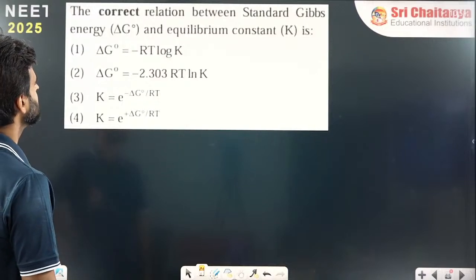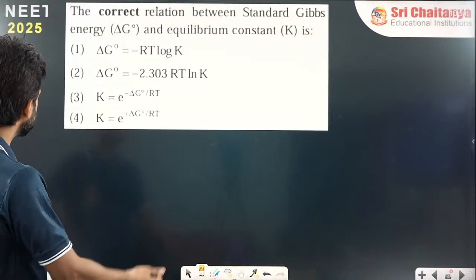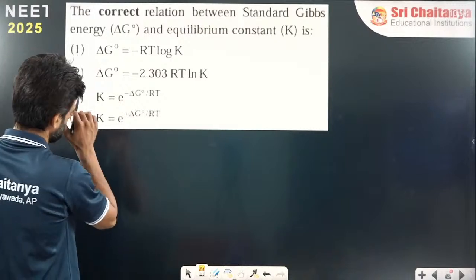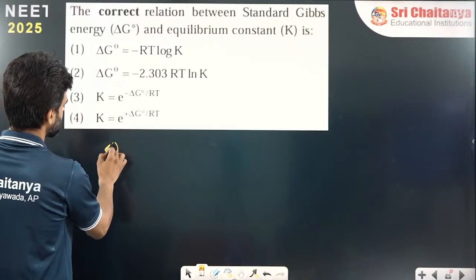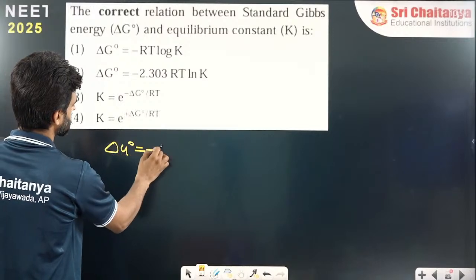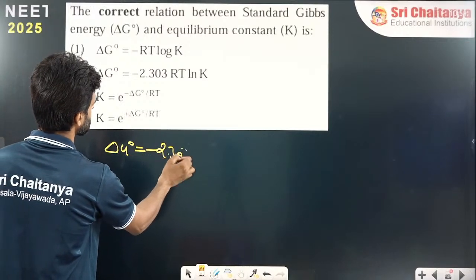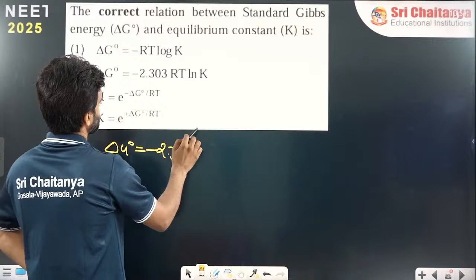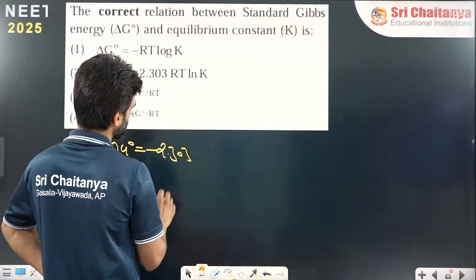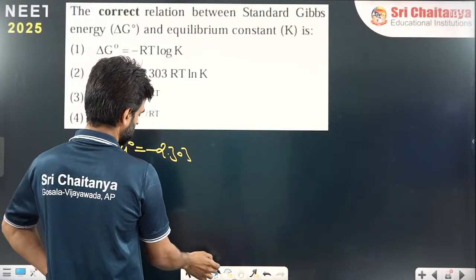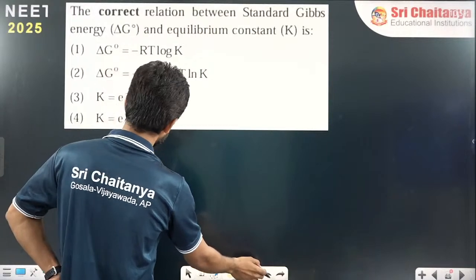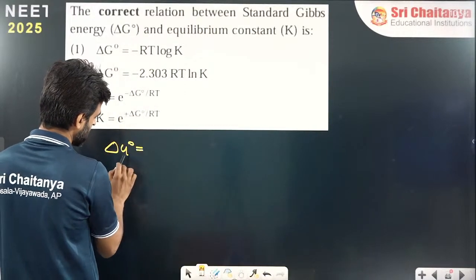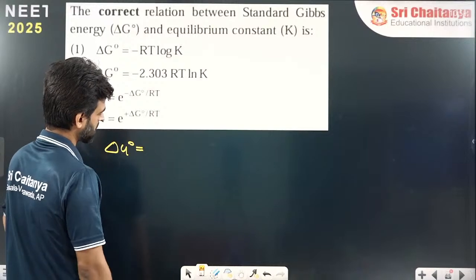The correct relation they are asking me. Just now we did it a few minutes back. We discussed that delta G naught is equal to minus of what? 2.303. Look carefully, I am writing it again. What measure can you do here? Delta G naught was there, right?